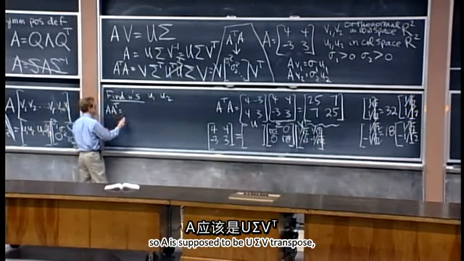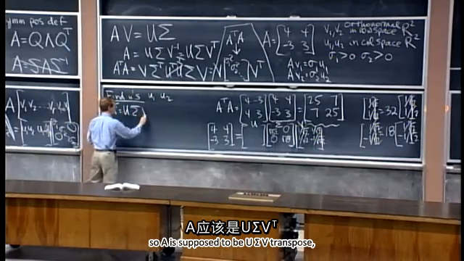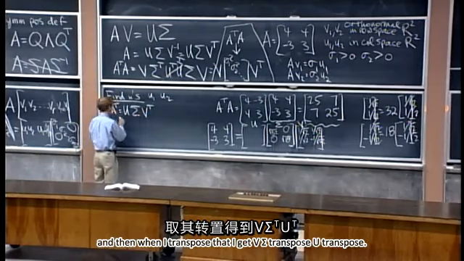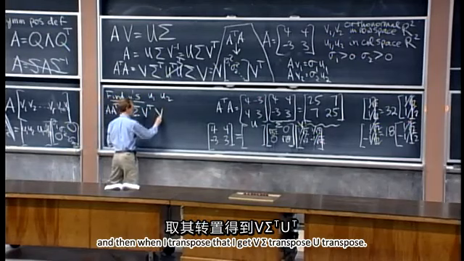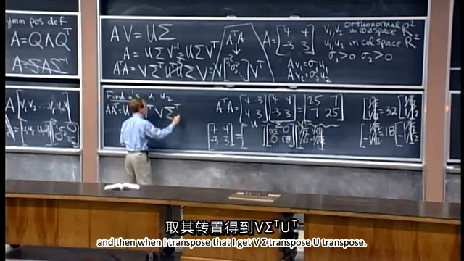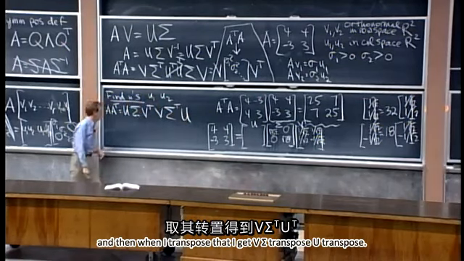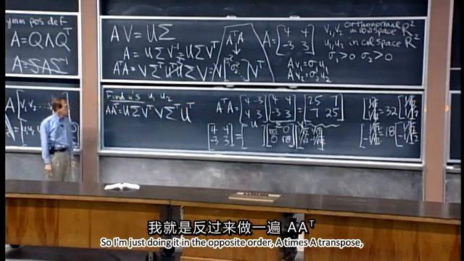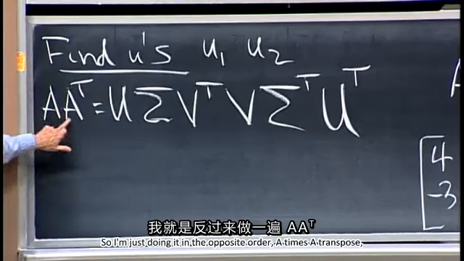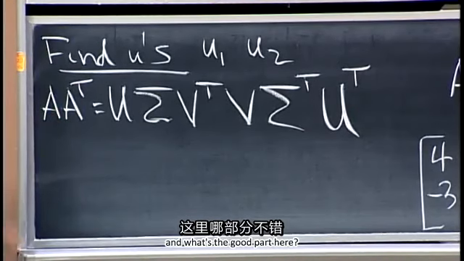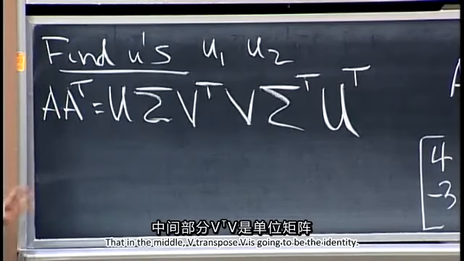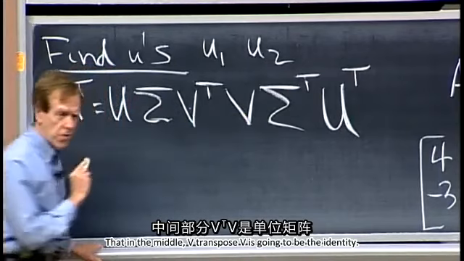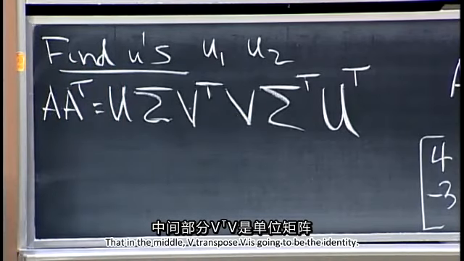So A is supposed to be U sigma V transpose. And then when I transpose that, I get V sigma transpose U transpose. So I'm just doing it in the opposite order, A times A transpose. And what's the good part here? That in the middle, V transpose V is going to be the identity.